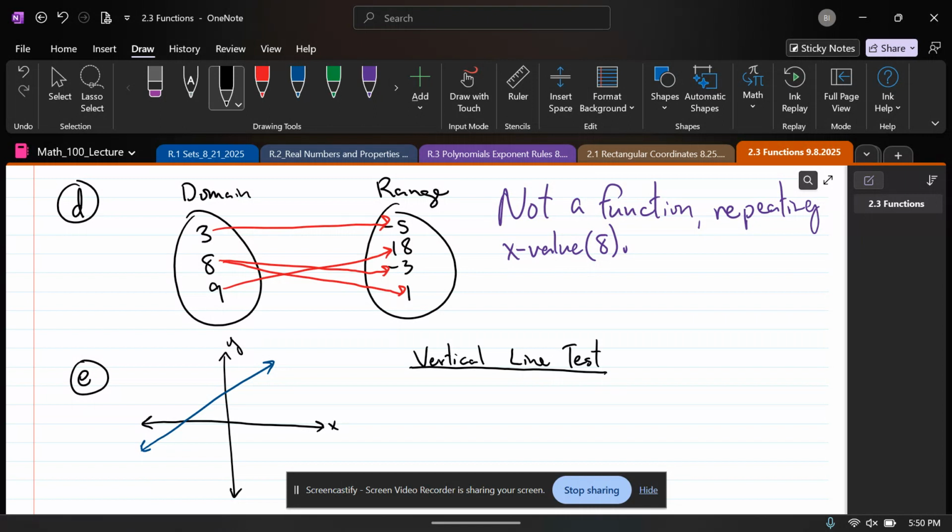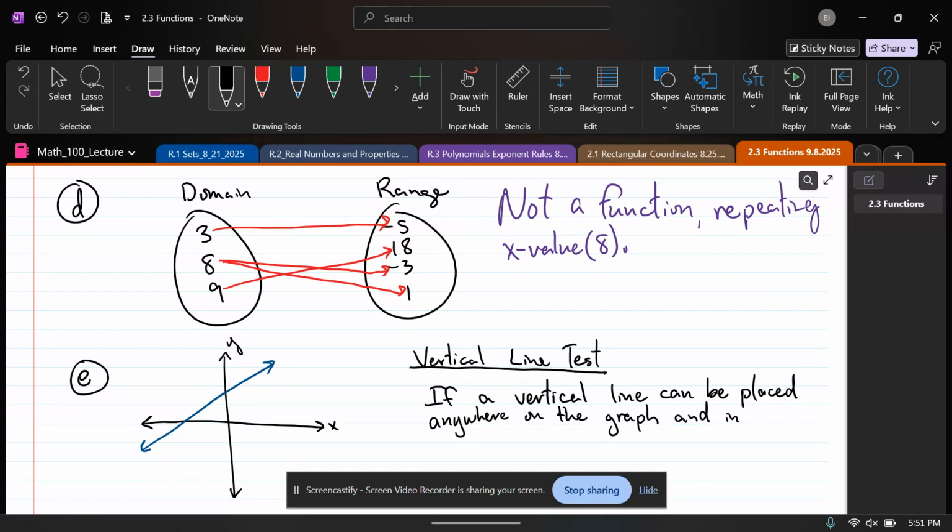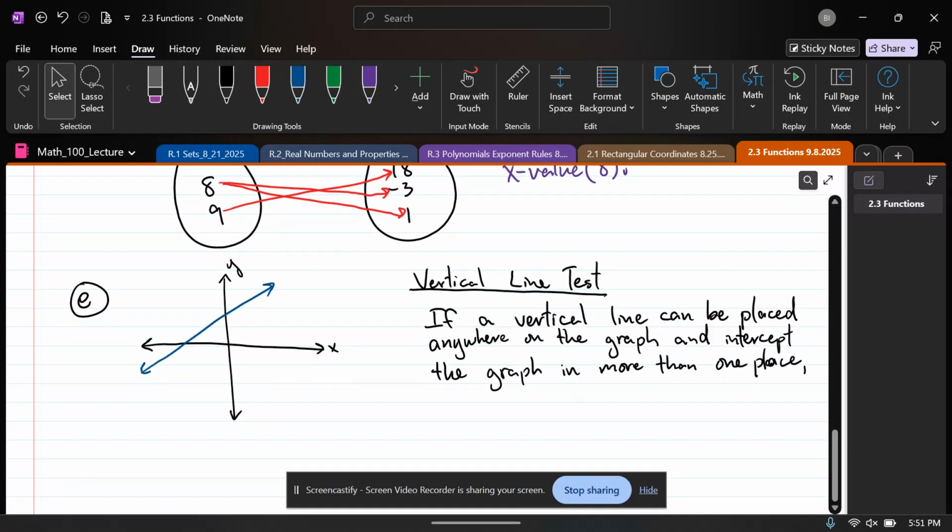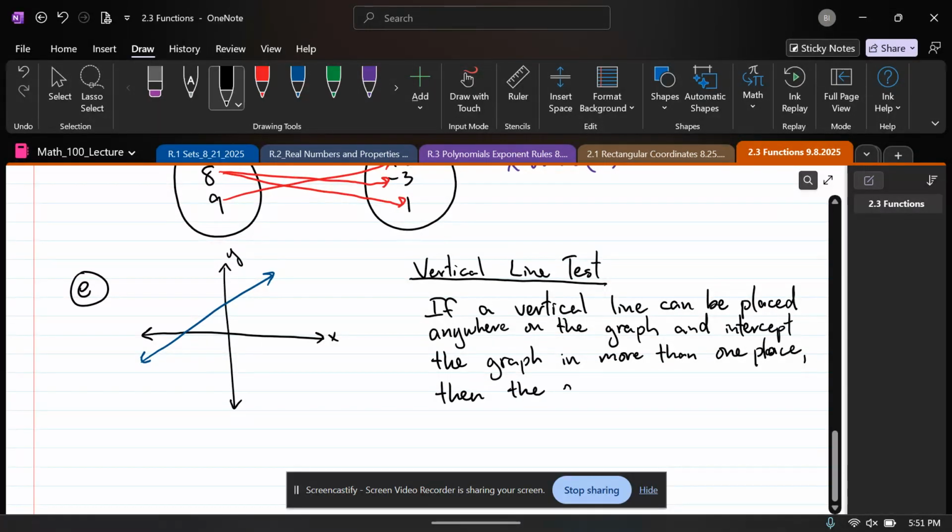On a graph, the vertical line test says that if a vertical line can be placed anywhere on the graph and intercept the graph in more than one place, then the graph is not a function.